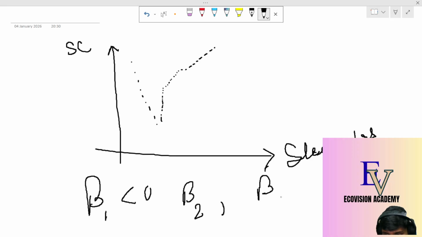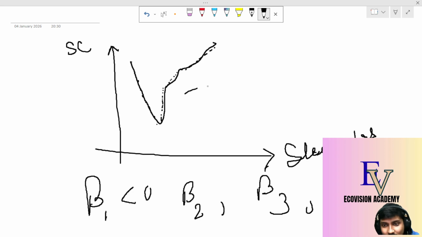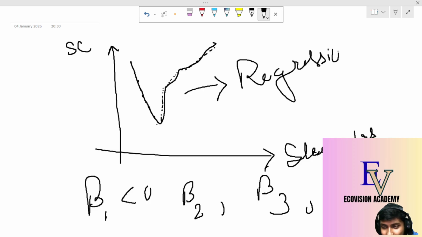Beta 3 was positive and high, but not as high as beta 2, so it is a little bit flatter. And beta 4 is very low, so it will be largely flatter. If I join this curve by a smooth line, this is nothing but my regression line.